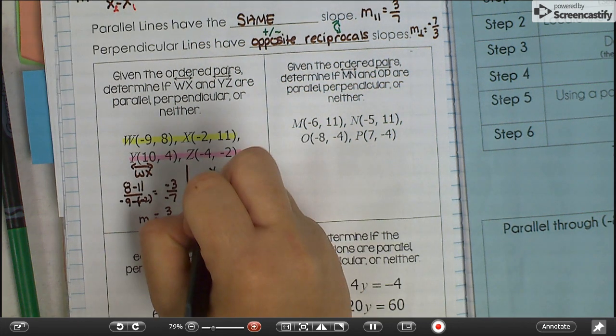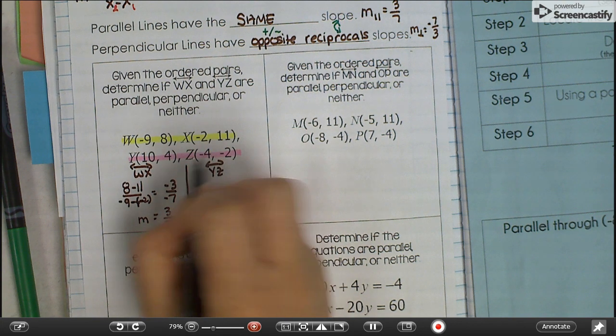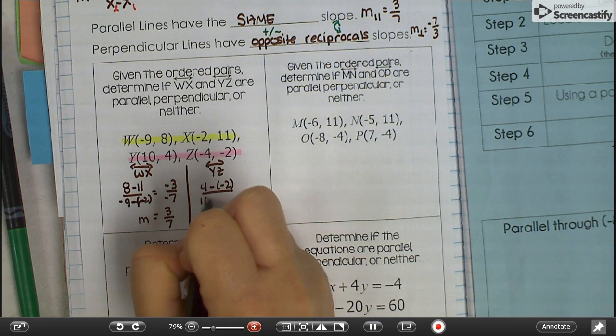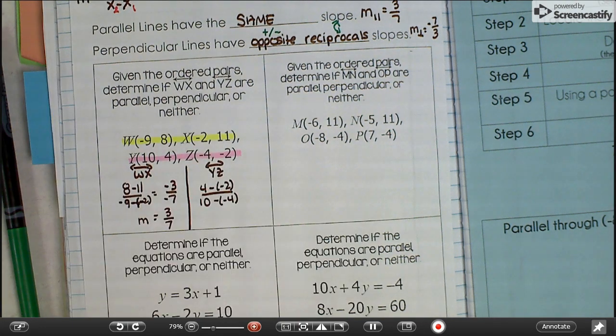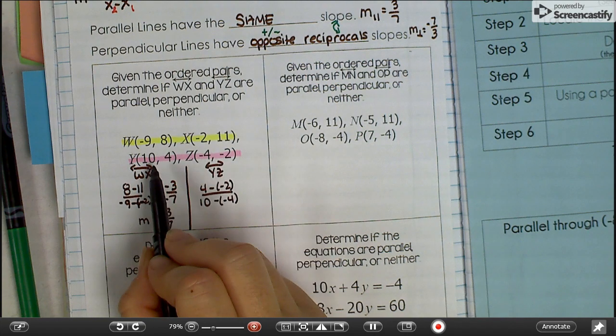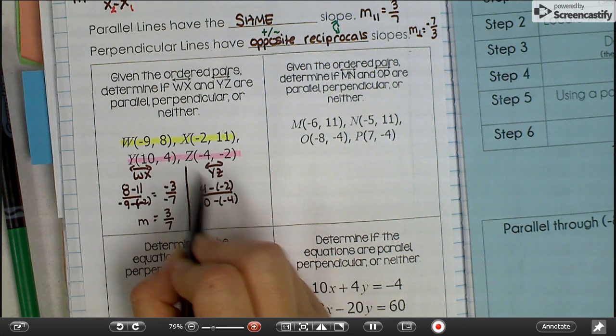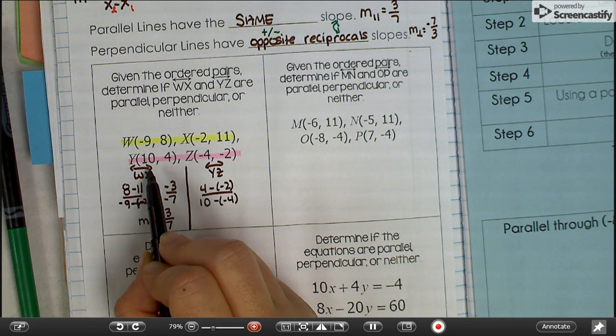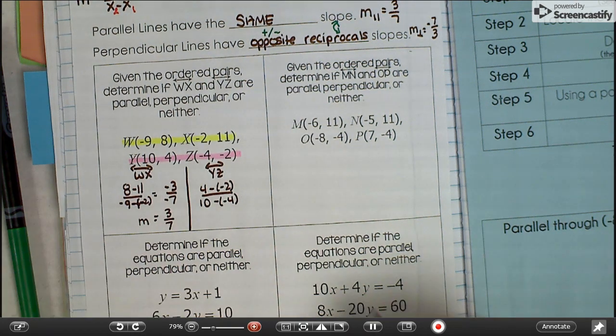For YZ, we're going to do the same thing. Y minus y, 4 minus -2 over x minus x, 10 minus -4. Now, if I did -2 minus 4 on top, then I would have to do -4 minus 10 on the bottom. Just be consistent, whichever way you do it.